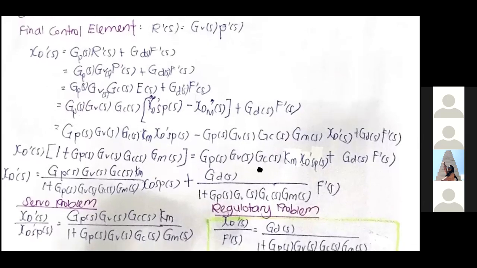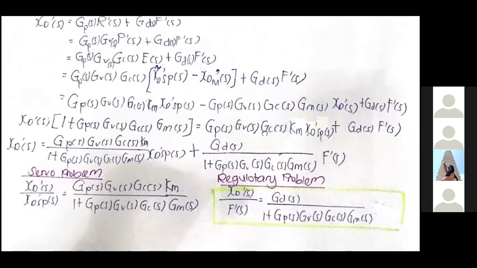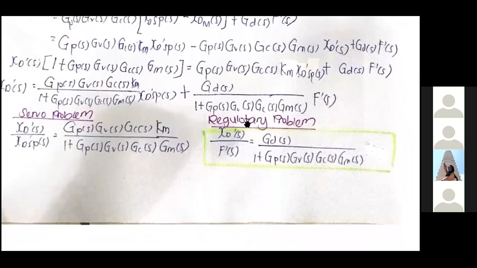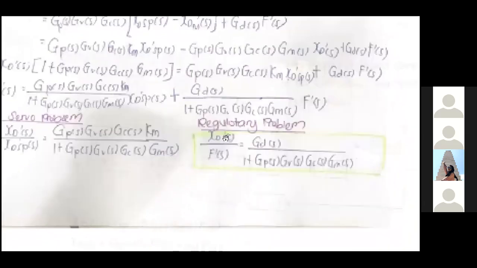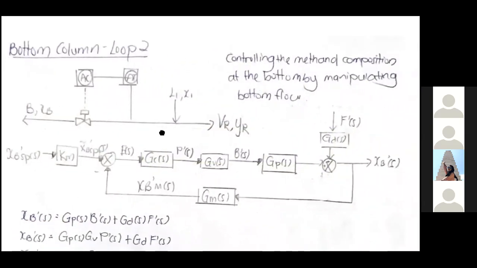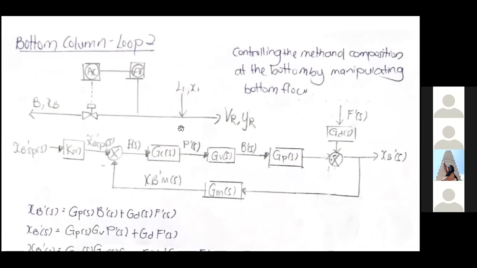Good morning, everyone. I am going to talk about the bottom column. As you can see on the screen, the bottom column is loop 2. Methanol composition at the bottom column is controlled by manipulating the bottom flow rate, which means the bottom flow rate is the manipulated variable of this loop.